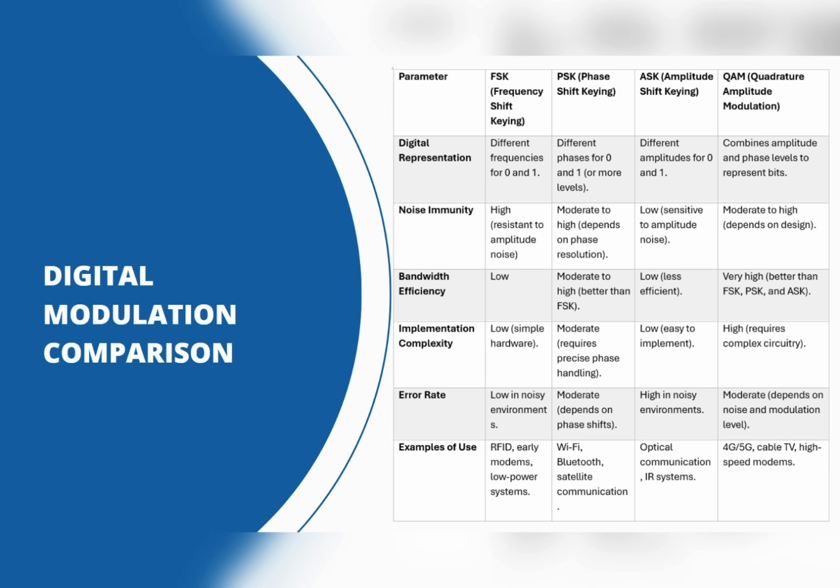The noise immunity is high compared to others due to resistance to amplitude noise. The bandwidth efficiency is low because of the use of two carrier frequencies, and the complexity of implementation is low because of the use of simple hardware. The error rate is low in noisy environments compared to others. So the examples of use are different because of the characteristics of FSK.